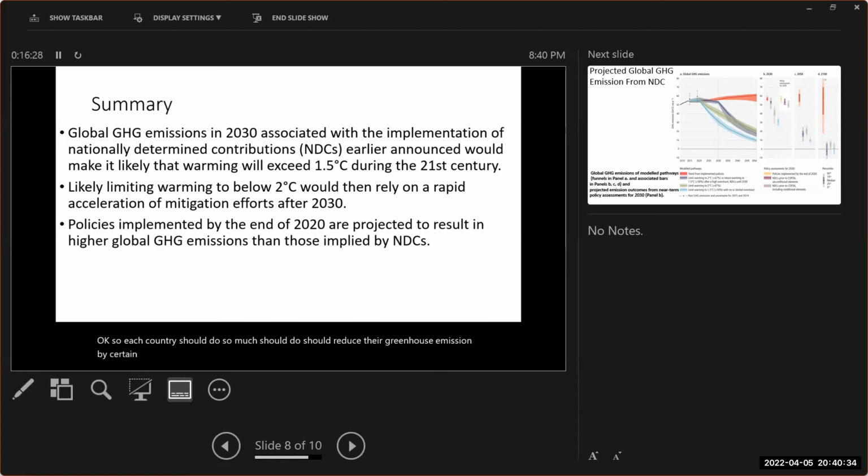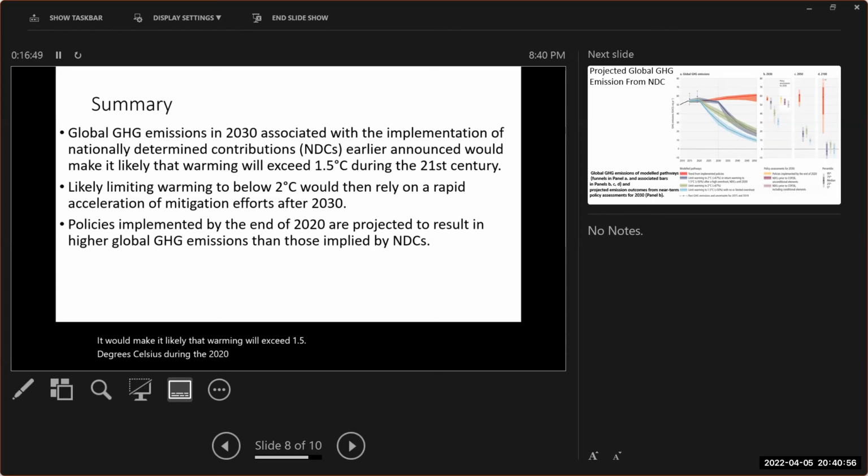They're saying that if the countries of the world follow that agreement, that's what is meant by earlier announced, it would make it likely that warming will exceed 1.5 degrees Celsius during the 21st century.